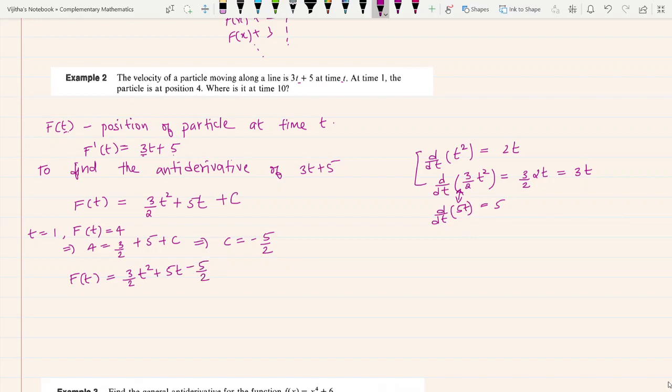So we got F of t. Now our question is, what is the position at time 10? So we have to put t equal to 10. At t equal to 10, F of 10 is equal to 3 by 2 into 10 square plus 5 into 10 minus 5 by 2.